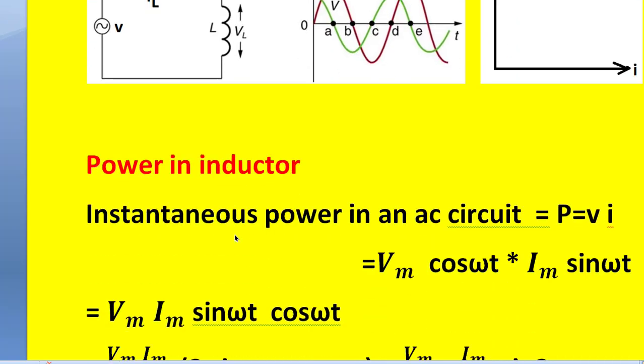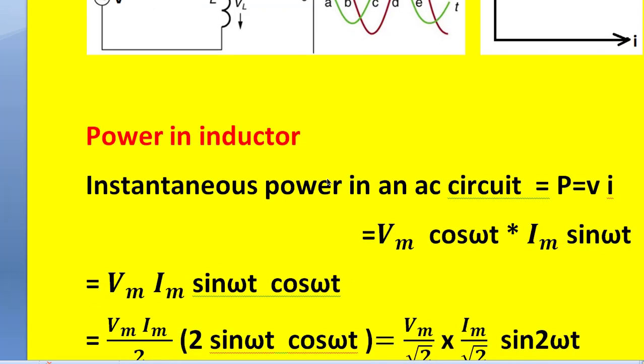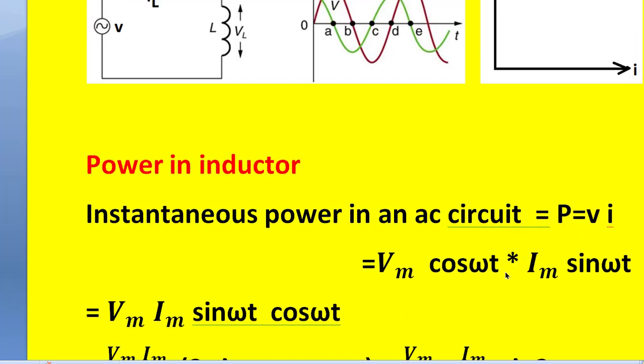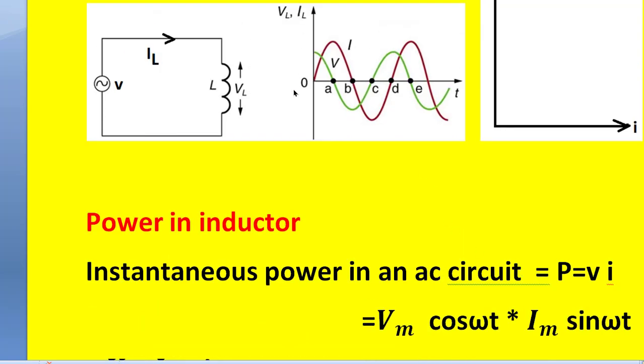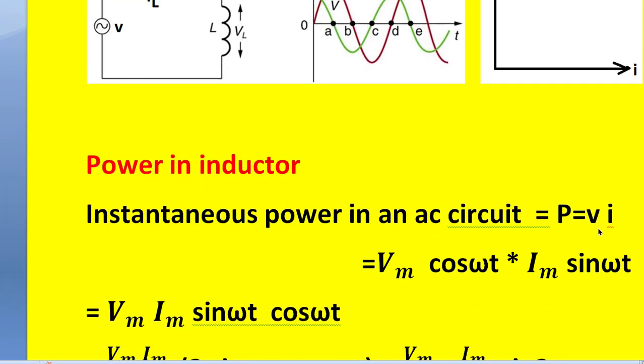Next, coming to the power in the inductor. Let us write the instantaneous power in an AC or inductive circuit, that is P is equal to V into I. We know what V is, that is Vm cos omega t, which was obtained just now. Then I is equal to Im sin omega t.